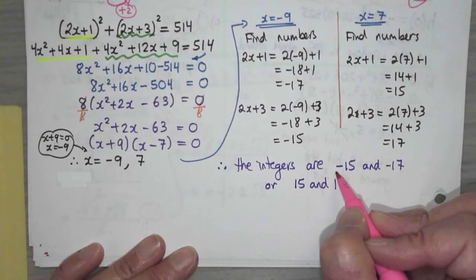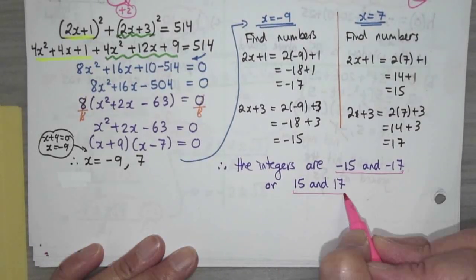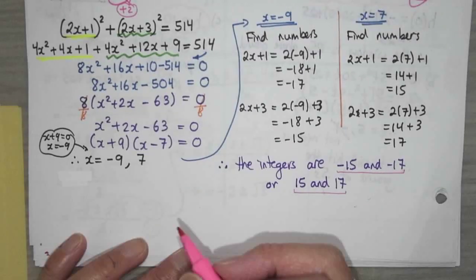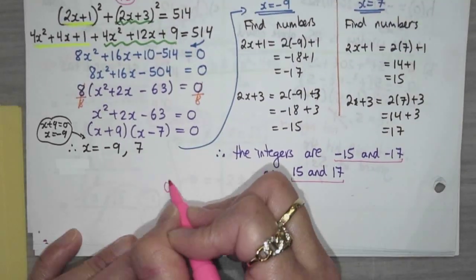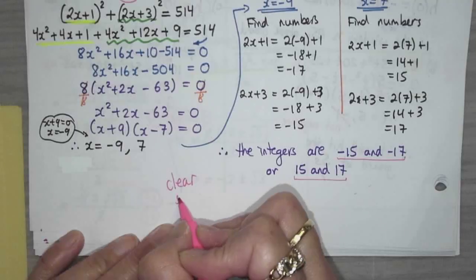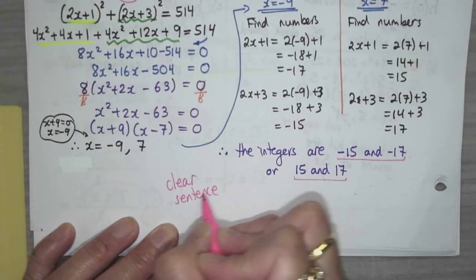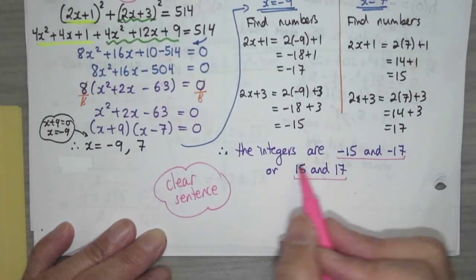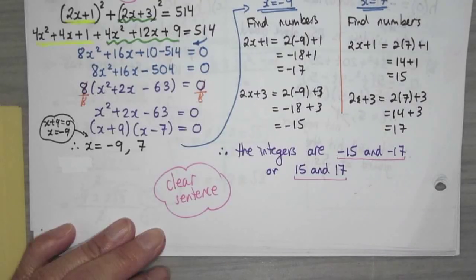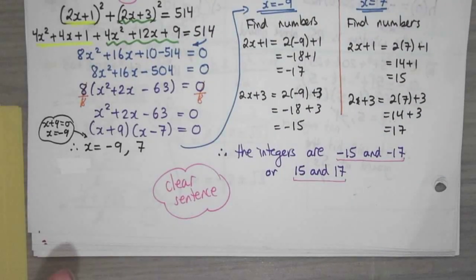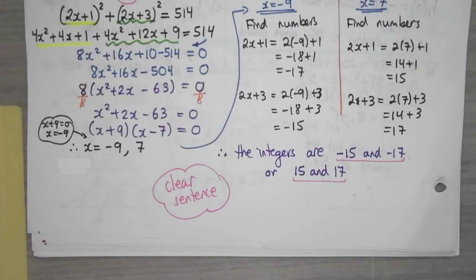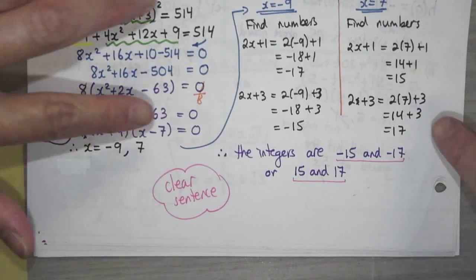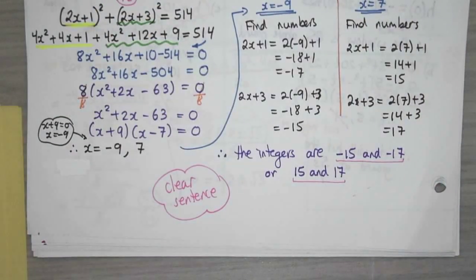It's these guys together and these guys together. You have to write a clear sentence with no symbols, but also to make sense. If you list all 4 together, you're saying all 4 are consecutive integers. That's not right. Okay, so just at the last part, you don't want to lose the marks because you said it all together. Two sets of answers. Okay?